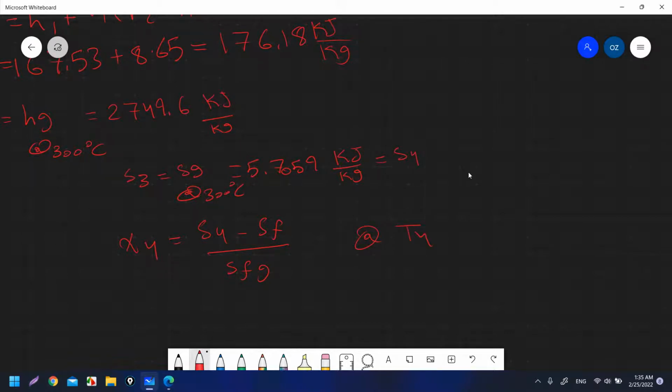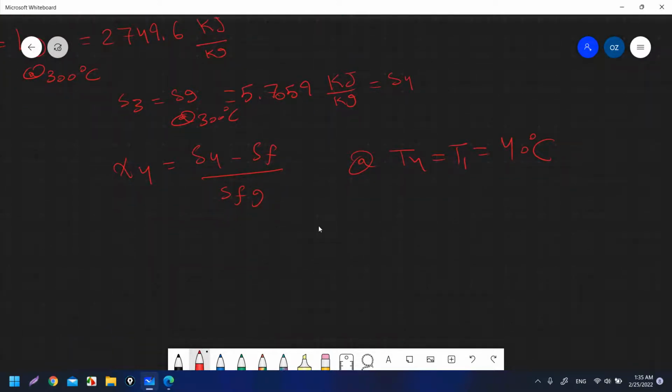T4, which is equal to T1, is equal to 40 degrees Celsius. So X4 is equal to S4, which is 5.7059.